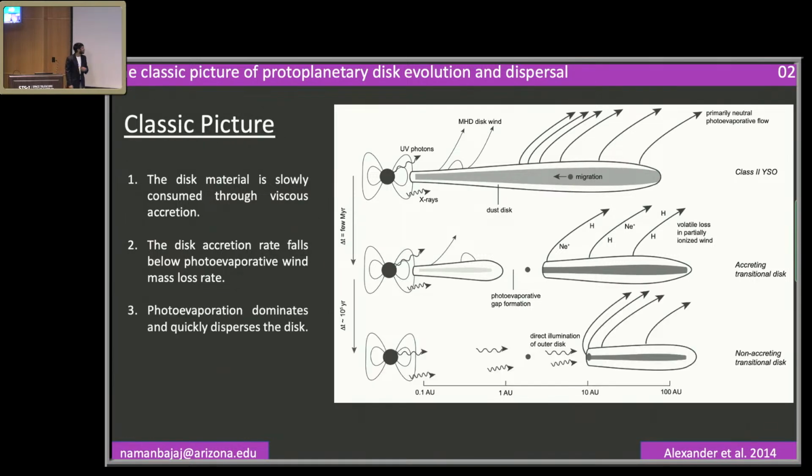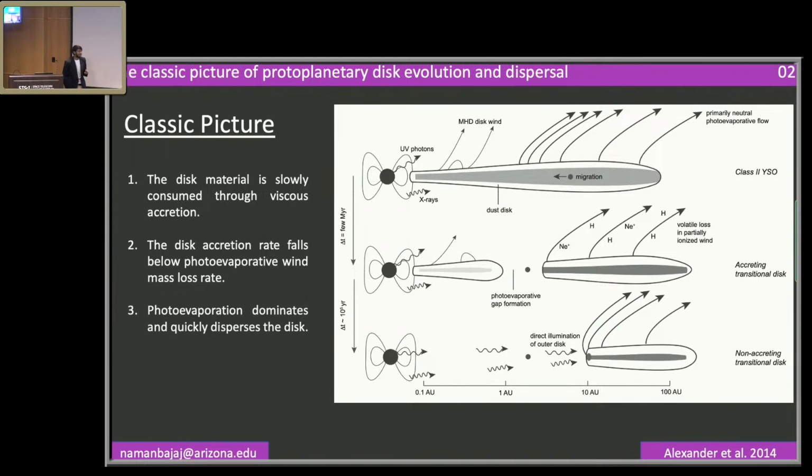And after a few 100,000 years, photoevaporation dominates and quickly disperses all the gas in the disk. This photoevaporation can be traced in ions of atoms, such as neon and argon, because they are available at the surface of the protoplanetary disk, and they do not deplete with time since they are noble. So this is the classic picture that we have about protoplanetary disk evolution.